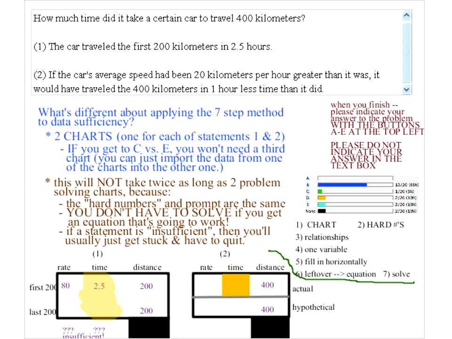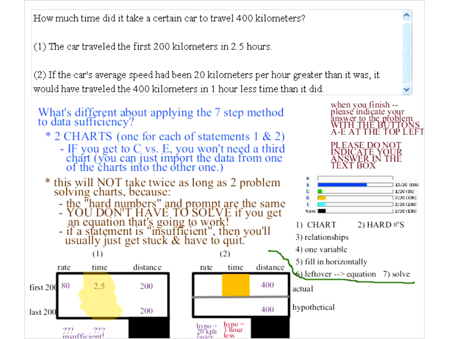So the hypothetical is 20 kilometers per hour faster. So that's supposed to be an equal sign. That's a relationship, and then the relationship between the times is it would have taken 1 less hour. So hypothetical equals 1 hour less.